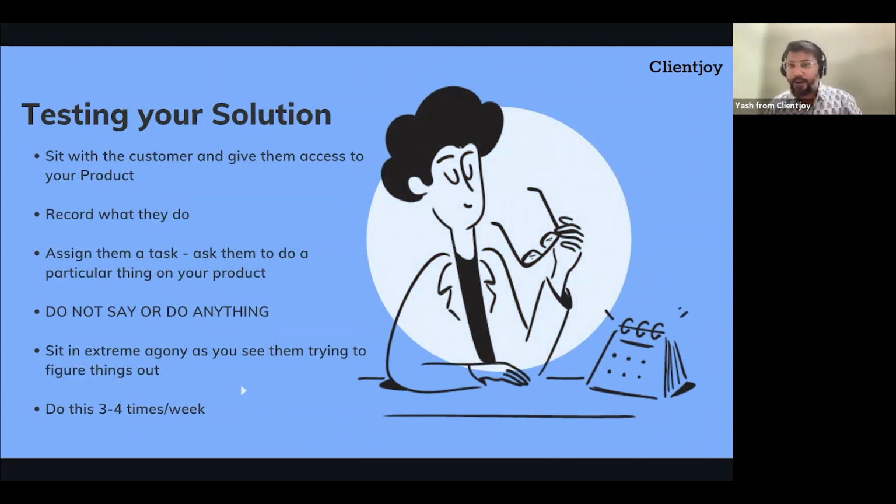Now we'll come back a little bit to the product कि आप अपने जो भी आपने solution बनाए हैं, so you listen to your customers, figured out these are the challenges that they face to acquire the desired outcome. वो solutions को आप test कैसे करोगे? So मतलब बहुत ही simple तरीका है पर बहुत ही painful तरीका है.